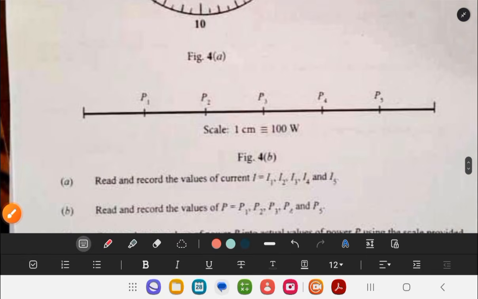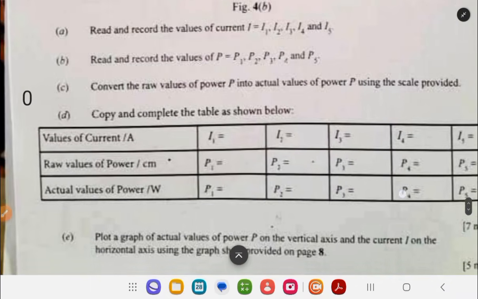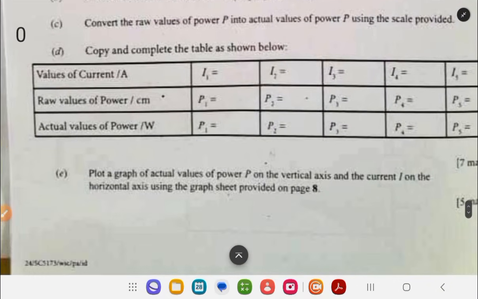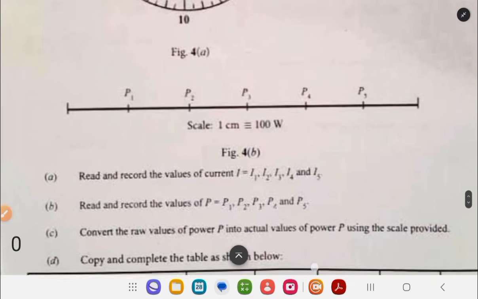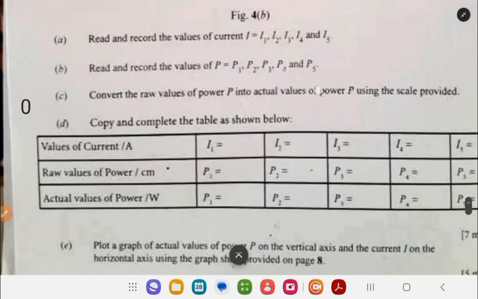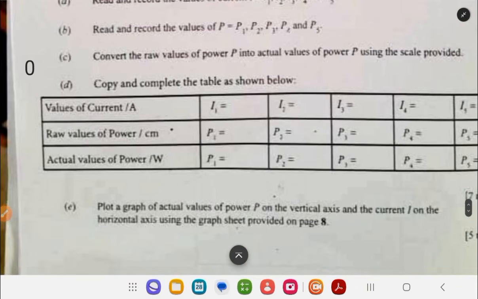Okay. So with this one, all you have to do is use your rule to measure. So you put in your values for the current. For the current, you just write what we did. It's in ampere, so all you do is just use those figures we got.